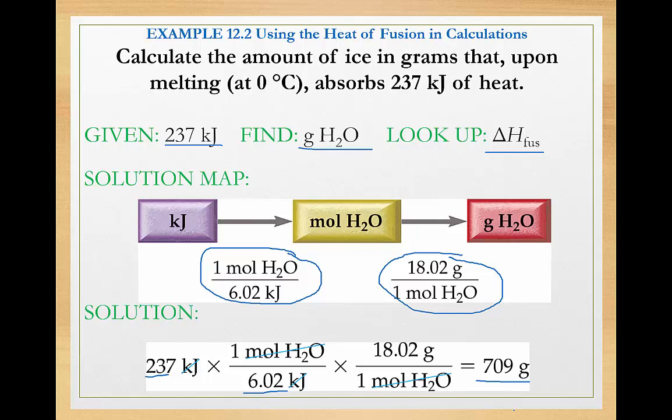It only took 6.02 kilojoules of energy for every 1 mole of water to go from solid to liquid, but I needed more than 40 kilojoules per mole to go from liquid to gas. So a little bit more energy getting into that gaseous state there.